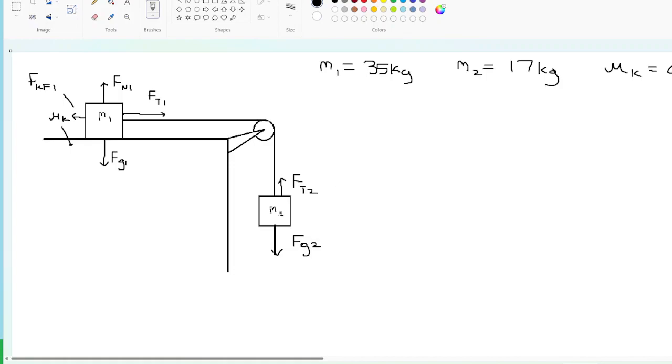Imagine you have two cars. This car on its own is capable of generating force F, where force is equal to mass times acceleration.